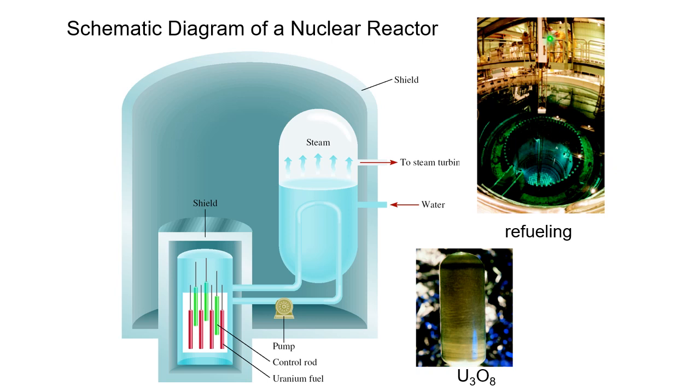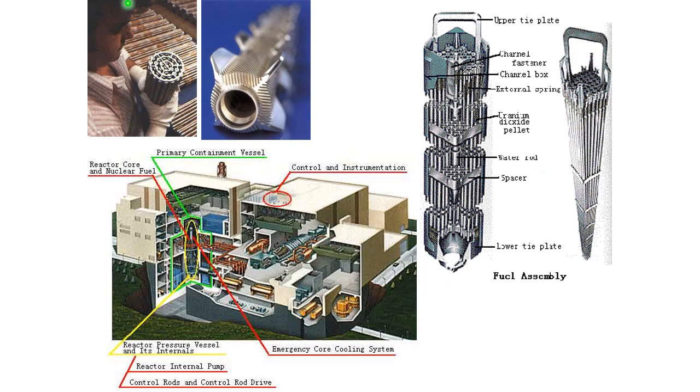You can see the refueling process. Of course, nothing can be done manually. It should be sophisticated machinery that works in this highly dangerous area. This is how this rod works. Small pellets of uranium oxide are put in a zirconium cast, so the rod is made mainly of zirconium.